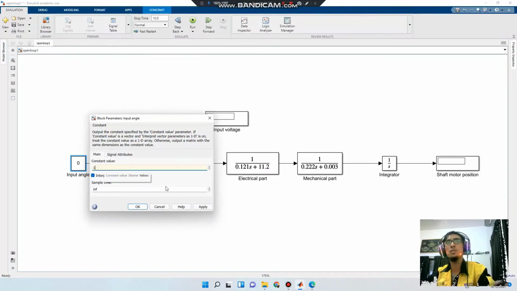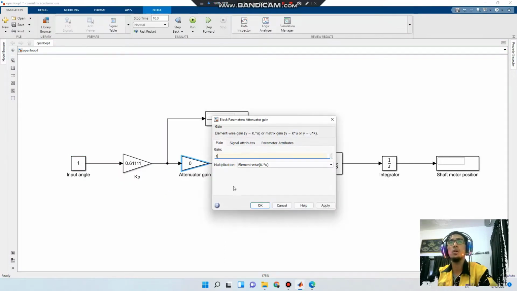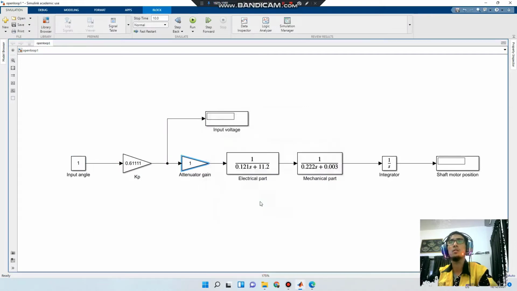We set 1, apply, and then the actuator gain is 1. Then we run. When we run, the display shows the input voltage and the shaft motor position result: the input voltage is 0.61 and the shaft motor position is 11.73.